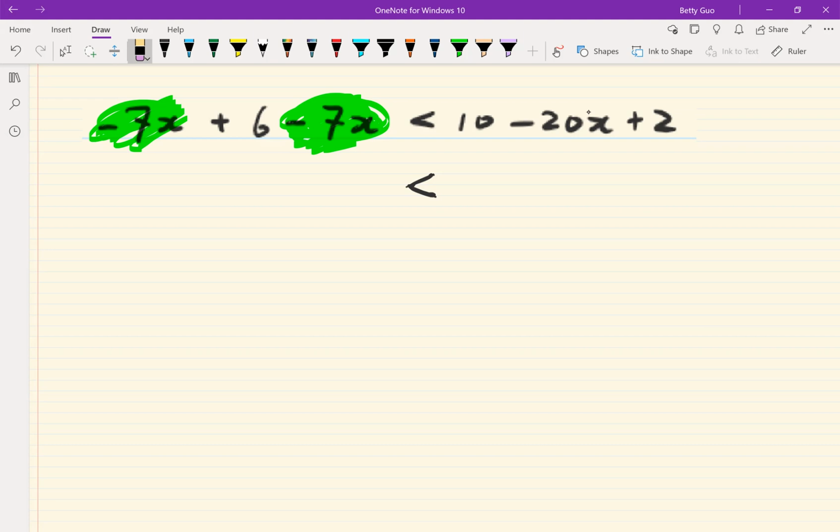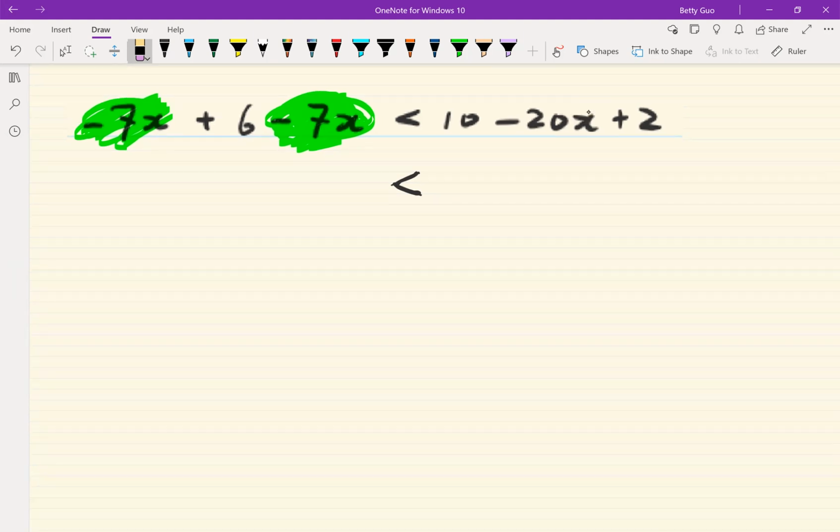Let's look at this problem together. We always start from simplify each side. Okay, left hand side, negative 7x, negative 7x. We have a negative 14x. Correct? And then we plus 6.